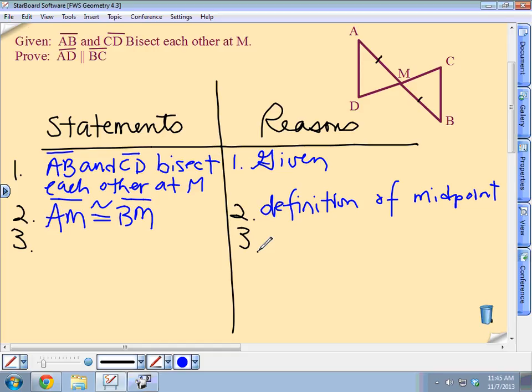Well, how about this? M is the midpoint. Someone said DC. M is the midpoint of what? Of AB and CD.